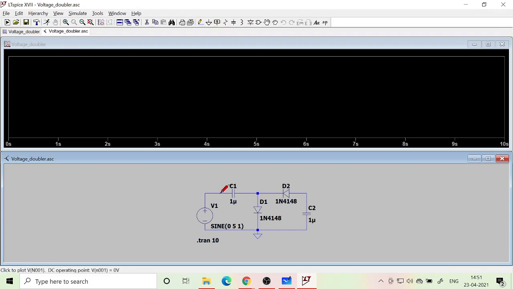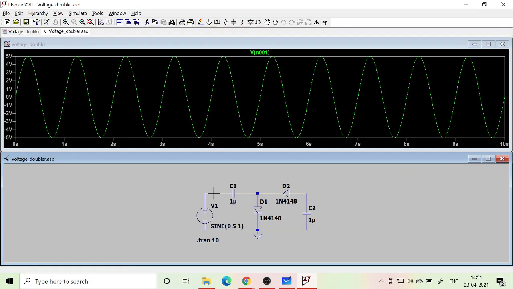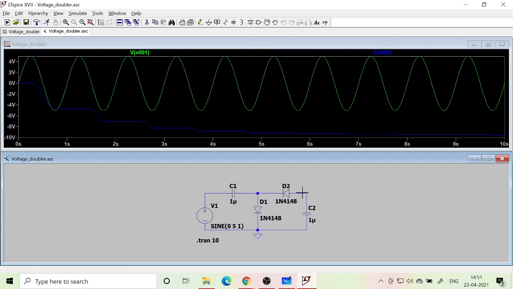And there are a lot of helps available in YouTube. So this is the plot of 10 cycles of the input waveform. Now you should also see the output of the first block, or let's see the final output. So voltage doubler, as I told you, at the steady state it should be 2 Vp.